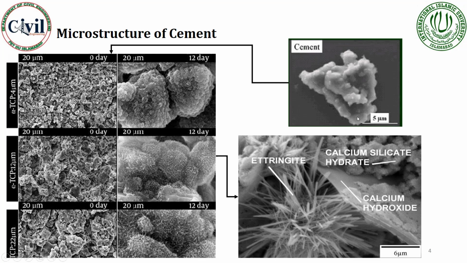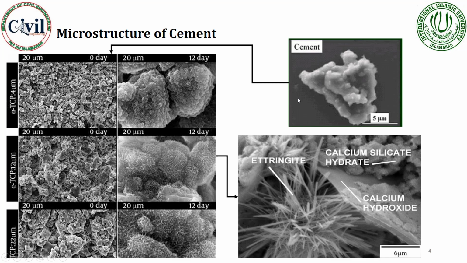Here I have taken a typical cement particle size, which is around 10 to 12 micron. It's basically a particle size of cement which is being sintered and ground into finer particle size. It is the unhydrated particle size. Hydration is a process in which you mix the water and the reaction starts.